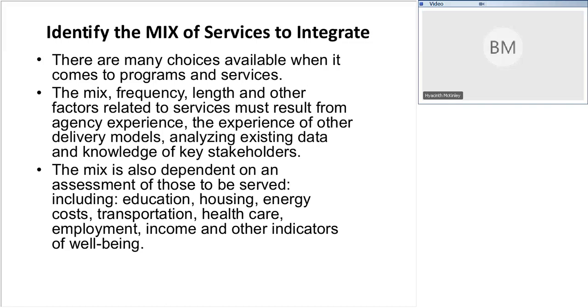So maybe some tangible assistance, some education, some resource building, some support services, but it's up to your agency to think about what services will you bring together into this integration piece. How long are the services? What's the length of the services? What's the frequency? And how do you pull those together if something's short term and something's long term? How do you put them together in a time frame that makes sense?